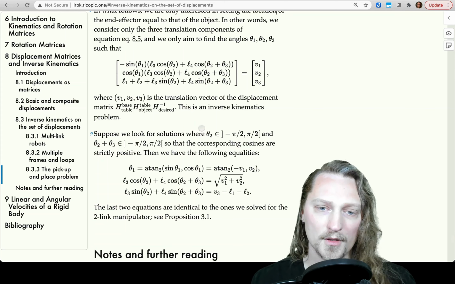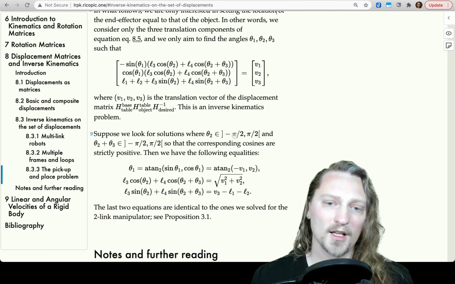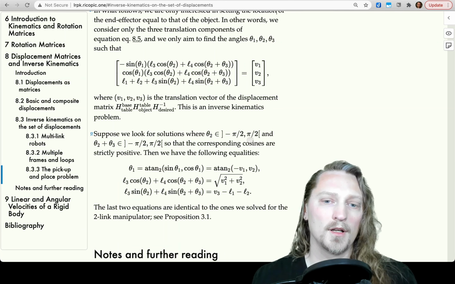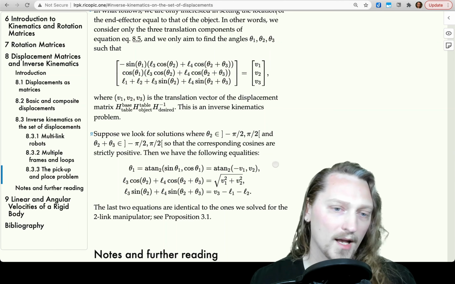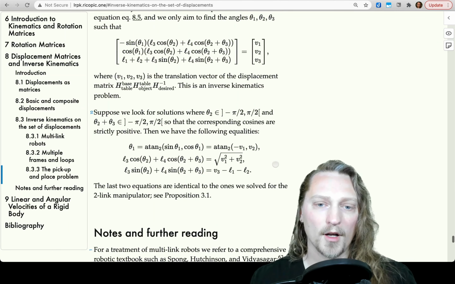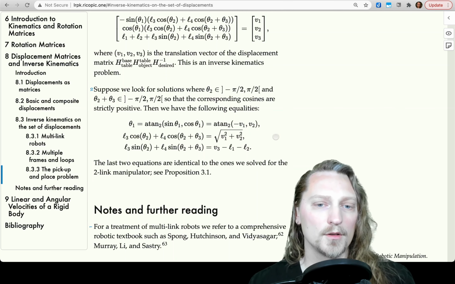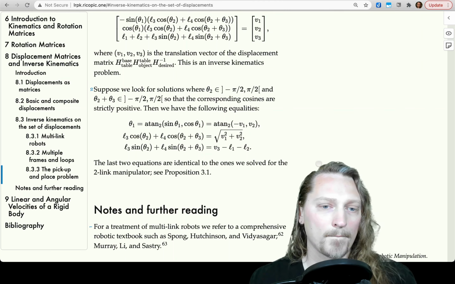Suppose we look for solutions where theta 2 is between negative pi over 2 and pi over 2, and theta 2 plus theta 3 is in the range negative pi over 2 to positive pi over 2, so that the corresponding cosines are strictly positive. Then we have the following equalities. Theta 1 is this arctangent of v1 over v2, with the negative sign in there.